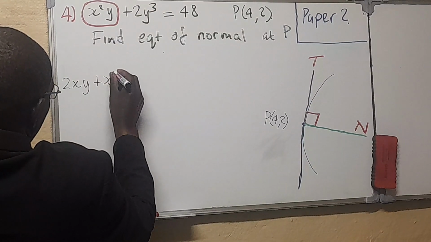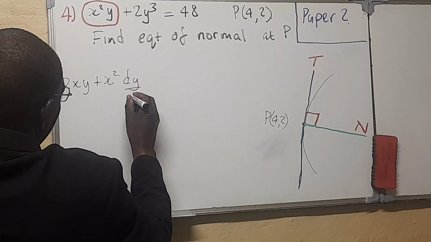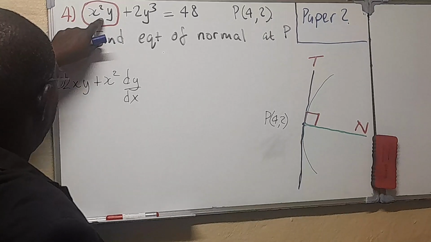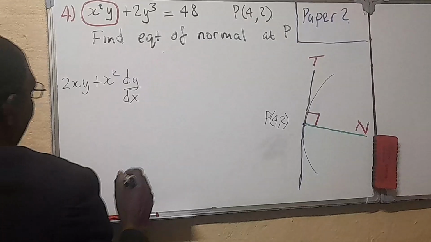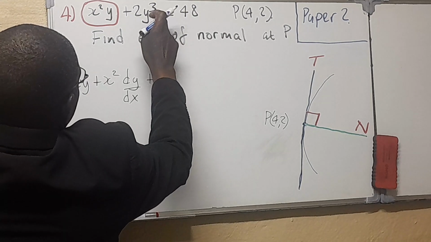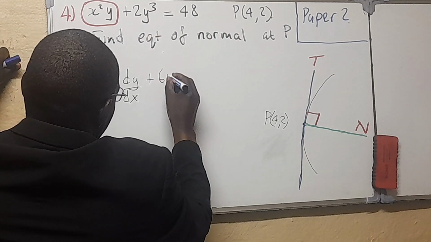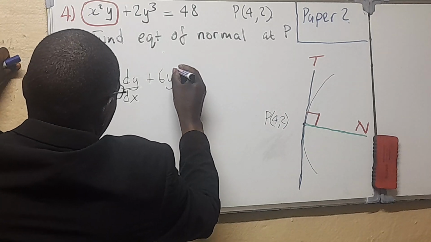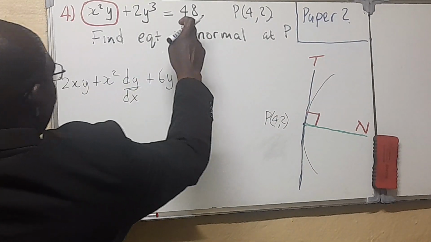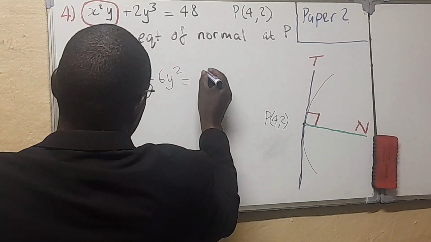So we have our x squared there, but the y is now being differentiated and it becomes dy/dx. We are done with this term. Plus, implicit differentiation of 2y cubed is 3 times 2, which is 6, then the power of y comes down to 2. And this is equal to the derivative of 48, which is a constant, is just 0.